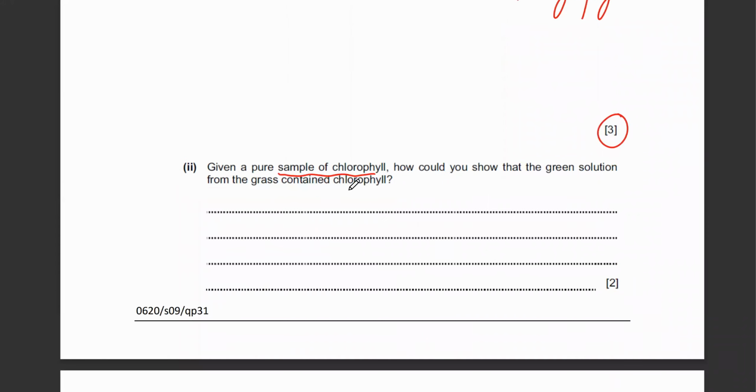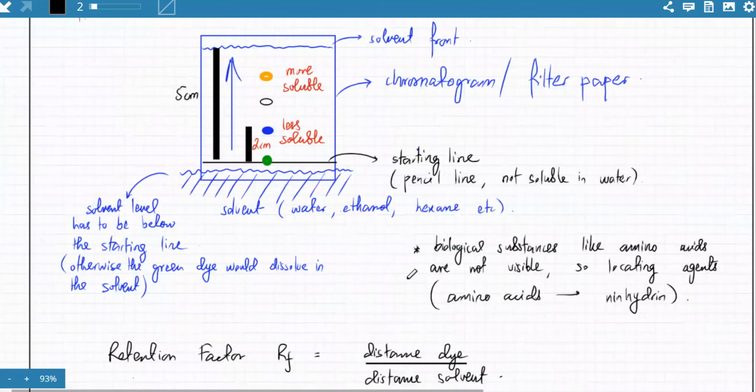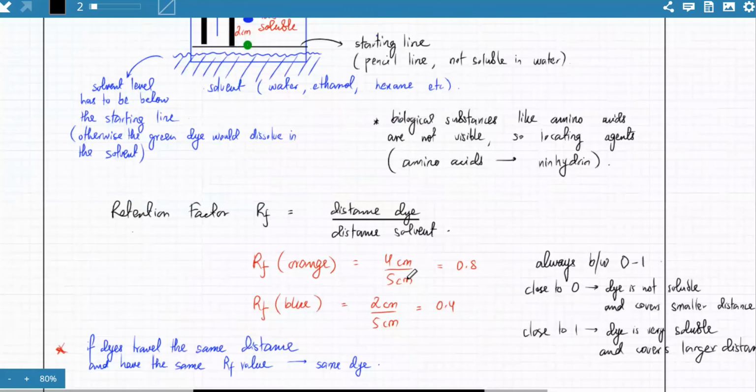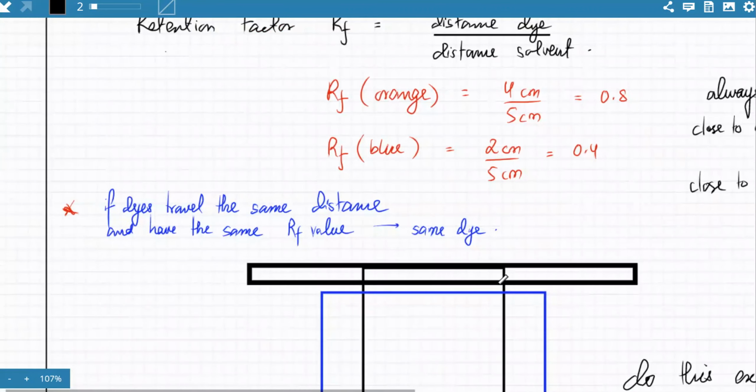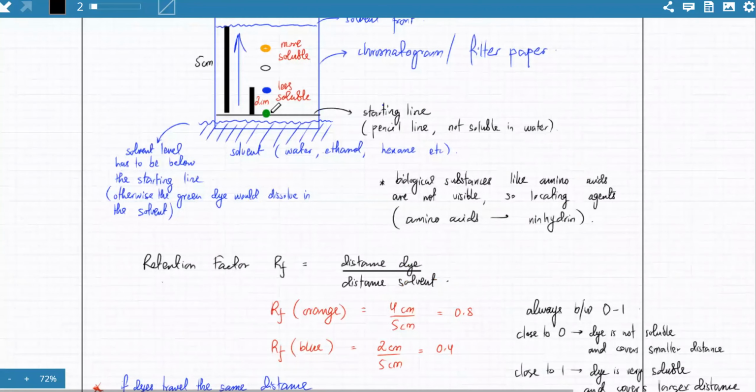What you could do, and this is something we did when we were talking about retention factor, is this: I told you that if you have two dyes and they travel the same distance and have the same Rf value, it probably means they are the same dye. So you've got a green pigmented grass solution.